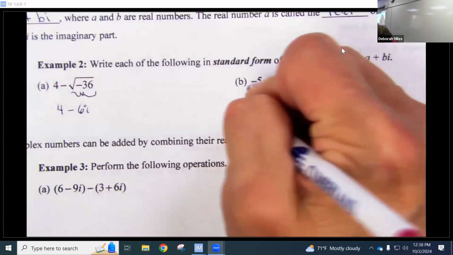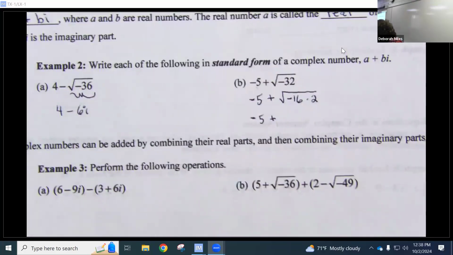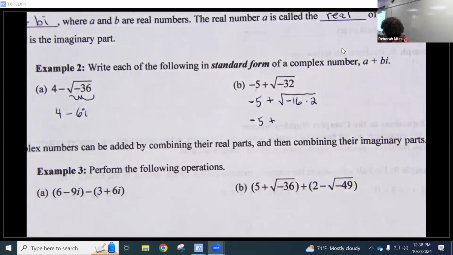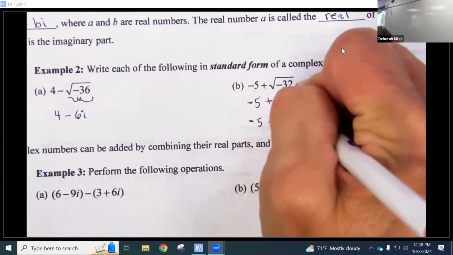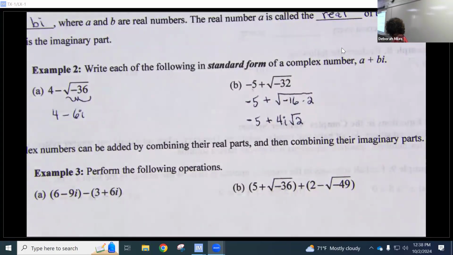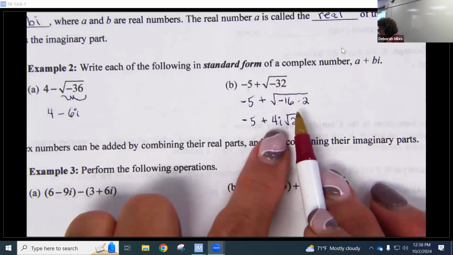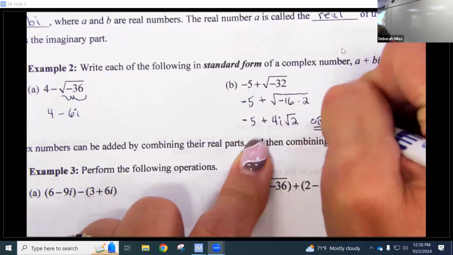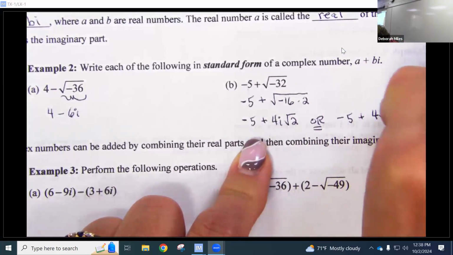And then what can I put in the place of square root of -16? 4i. So it's 4i square root of 2, or let me write here, -5 plus 4 square root of 2i.